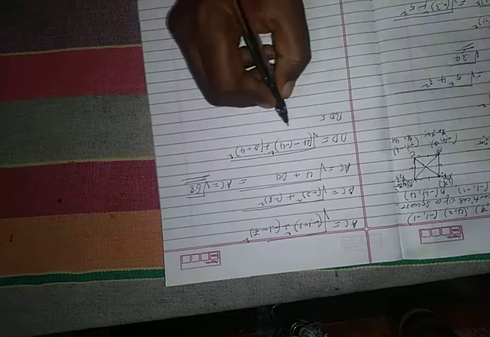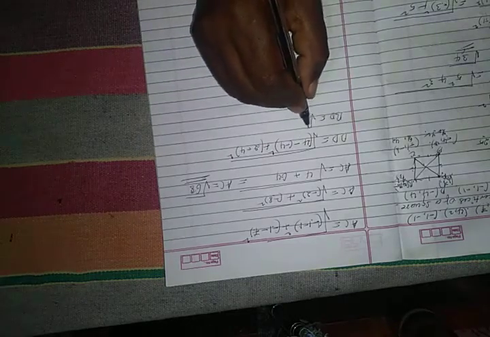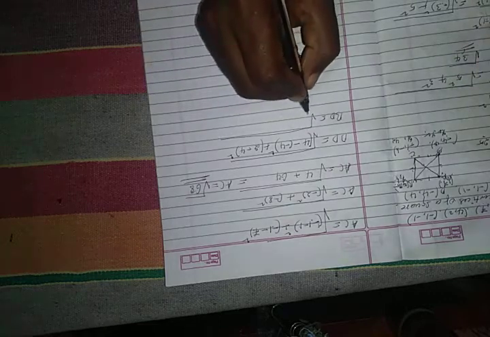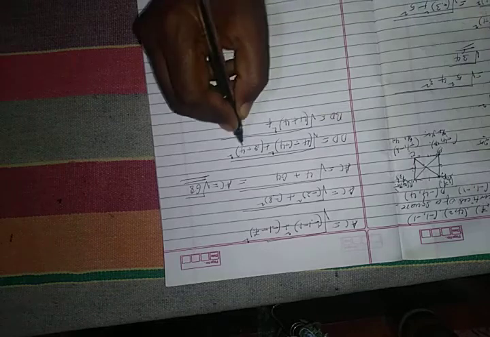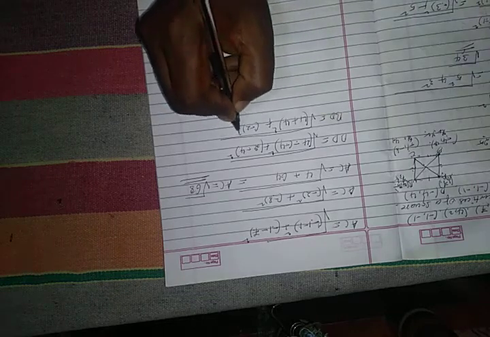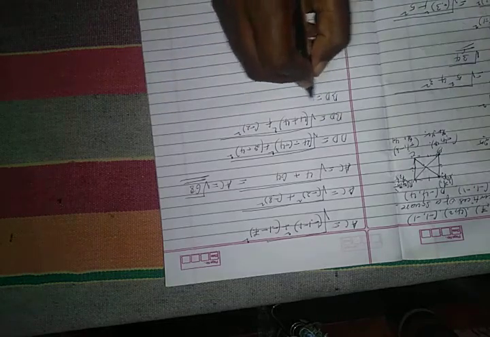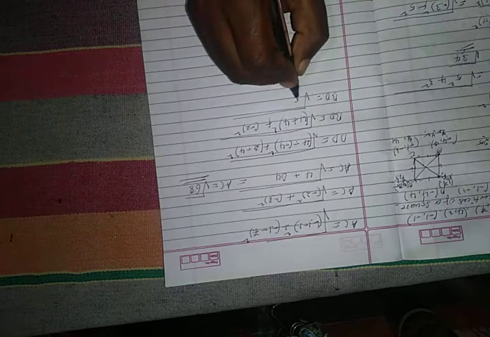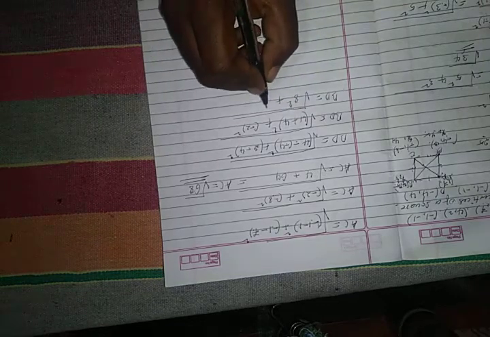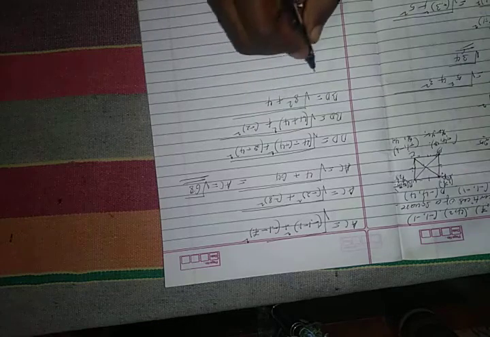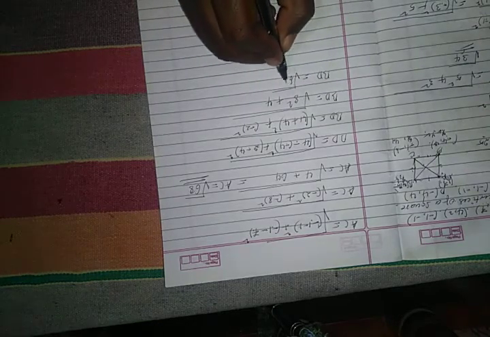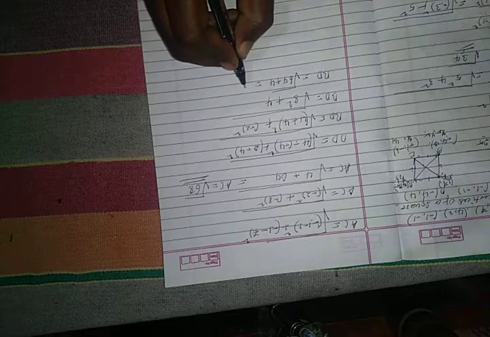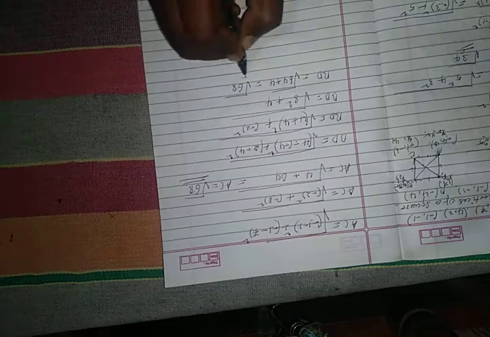BD is equal to square root of 4 minus into minus is plus, 4 plus 4 is 8 whole square, plus 4 minus 2... that is 4. And then BD is equal to 8 square is 64 plus 4, equal to square root 68.